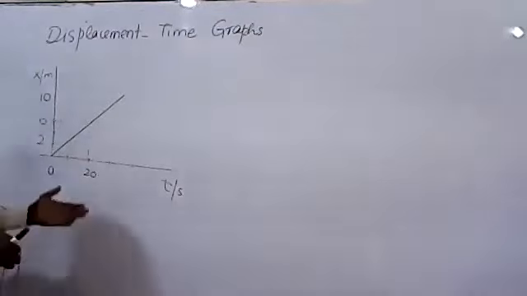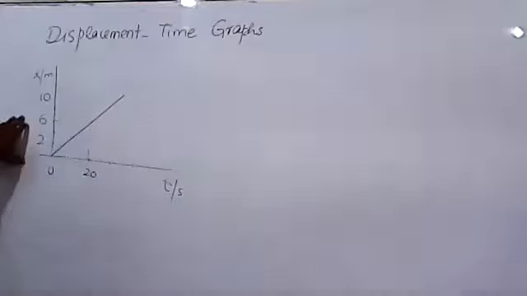So they might call this a distance time graph, or a displacement time graph, because it doesn't matter. The important thing is what other quantities can we calculate from the displacement time graph.